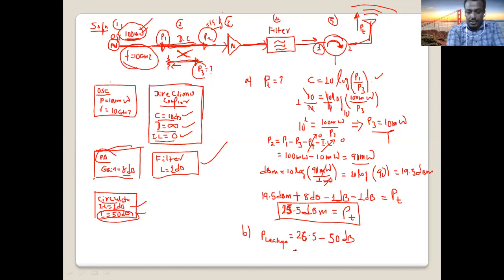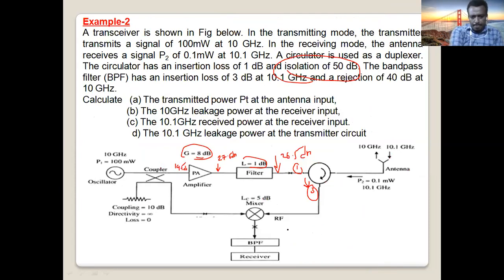The higher the isolation, the better, because the leakage is small. So how much is it? Minus 23.5 dBm. This is the signal that goes into the receiver. This much power goes from the transmitter to the receiver. We call it leakage power.